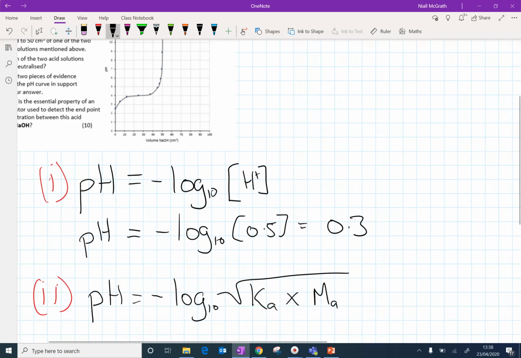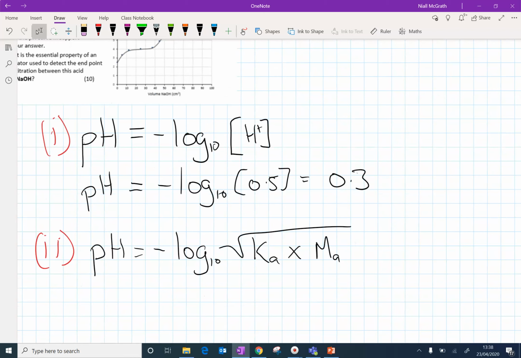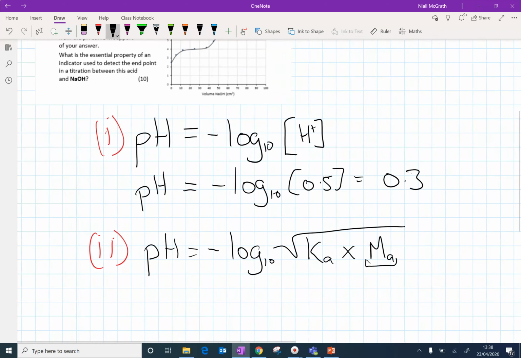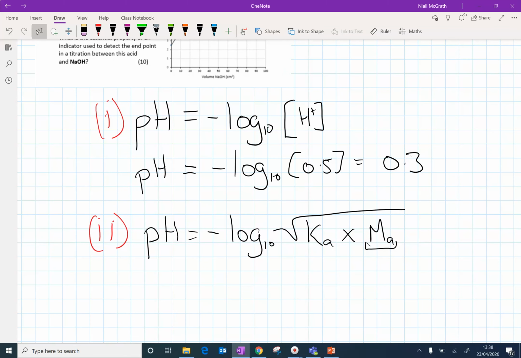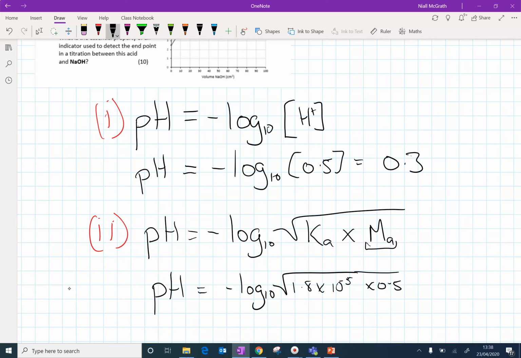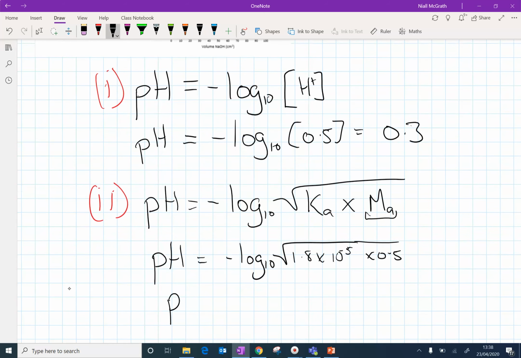Anything representing concentration of the acid will be fine for that symbol as long as you use the figure for the concentration. So that's going to come out to be pH is equal to minus log of the square root of Ka, given in the question as 1.8 by 10 to the minus 5, multiplied by 0.5, and the pH value we get for our ethanoic acid is 2.52.